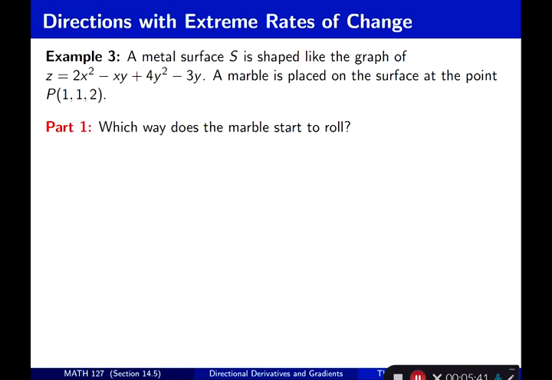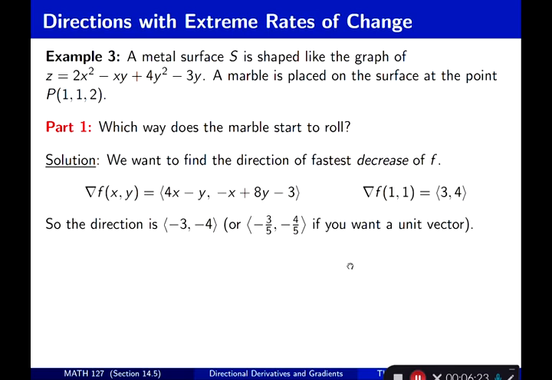If I know the direction of the gradient, then the fastest direction in which z is decreasing is the opposite way of the gradient. The marble is going to try to go in the direction of the fastest decrease in height.